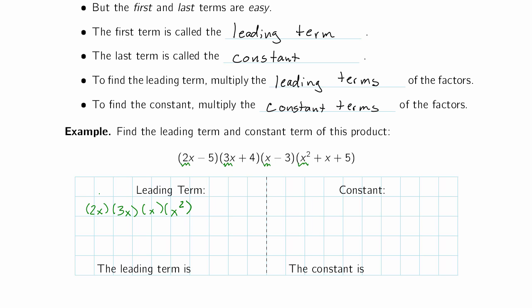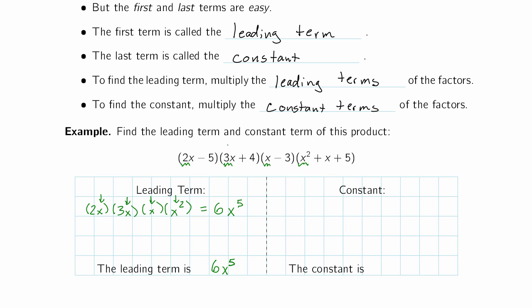So we've got 1, 2, 3, 4, 5 x's. So we'll have an x to the 5th. And then 2 times 3 is 6, and there are no more coefficients. So that's going to be a 6. The leading term of the product is 6x to the 5th.